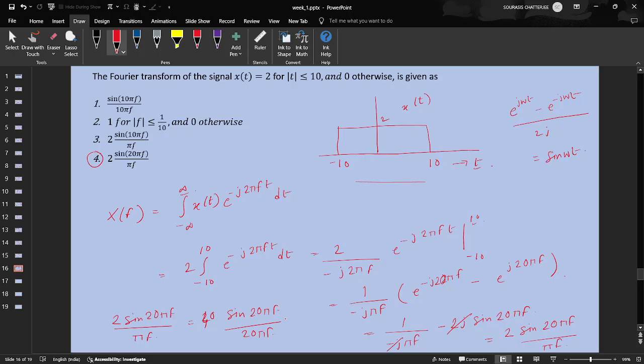So this is written as 40 sinc of 20 f. I would ask you to forget about the constant part and focus on the sinc. This is a special function, sinc of x, given as sine pi x divided by pi x.